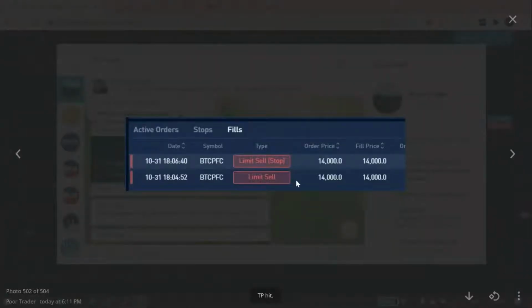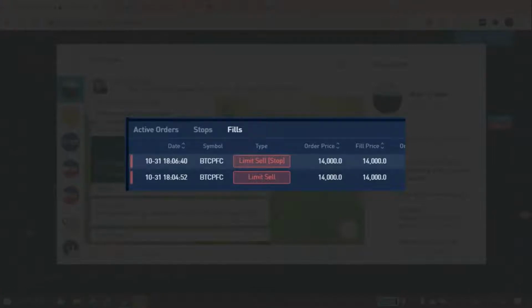Supposedly the 50% of the limit stop is at 14,200. However, it did not reach that area, but since I also adjusted my limit stop to 14,000, I got stopped out at this area, 14,000.